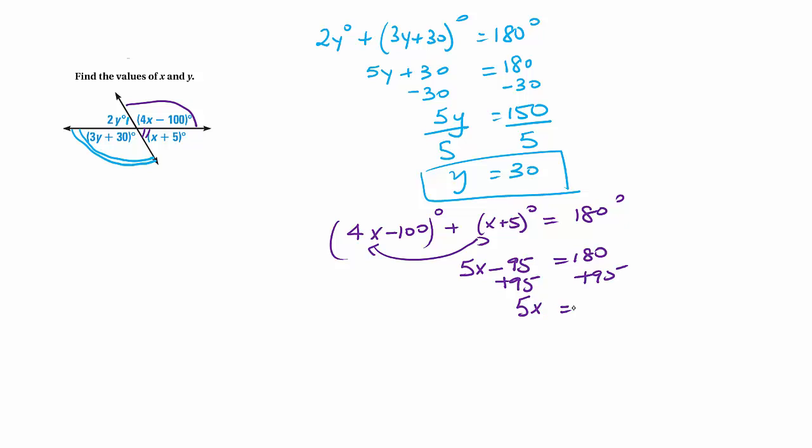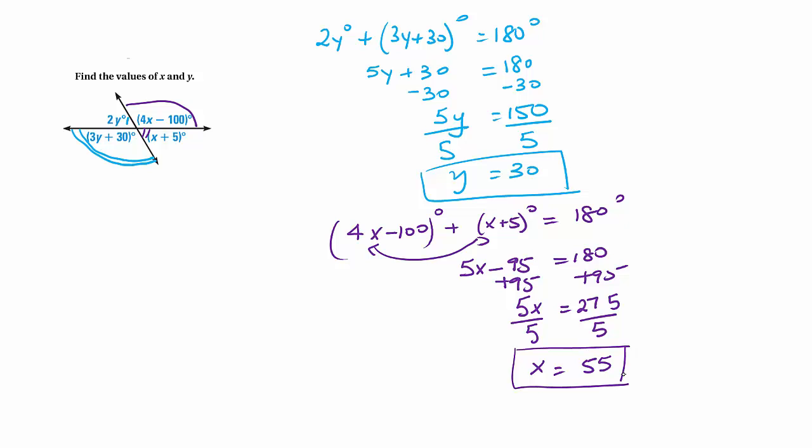So 5x is equal to 275. Divide by 5. All right, so I get x is 55 and y is 30.